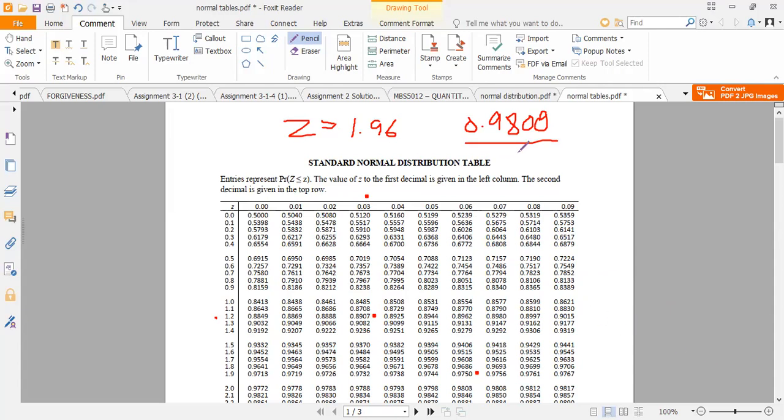Then when you're done with that, give me the Z for 0.8413. I'm giving you the probabilities, so you check from inside the tables quickly. Give me the Z readings for that.